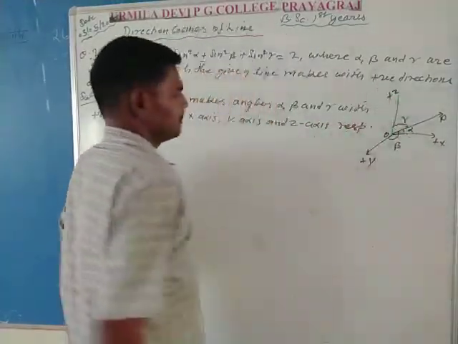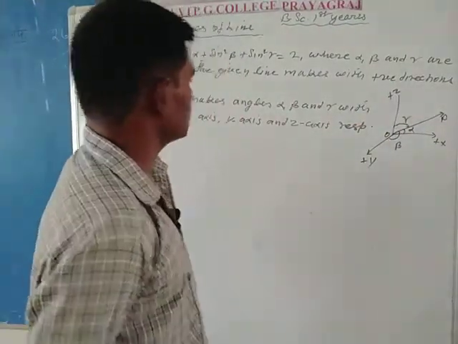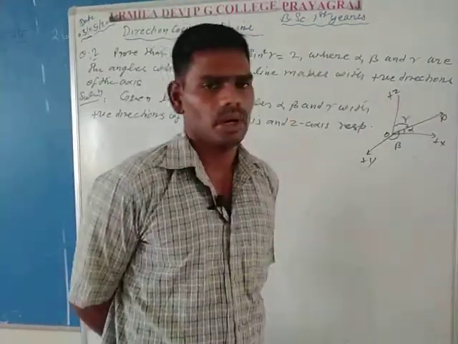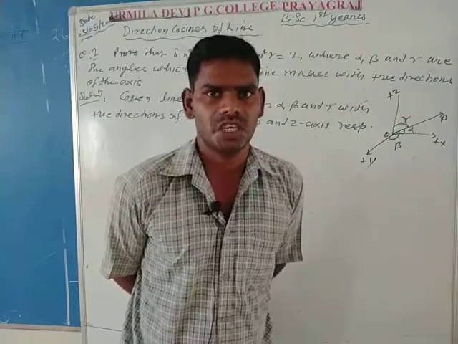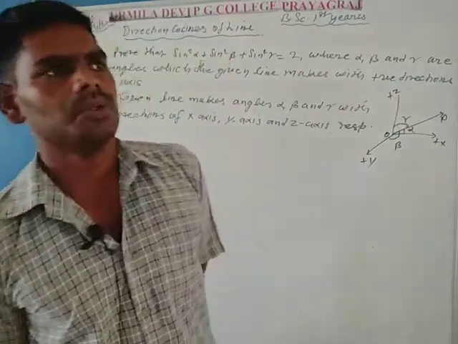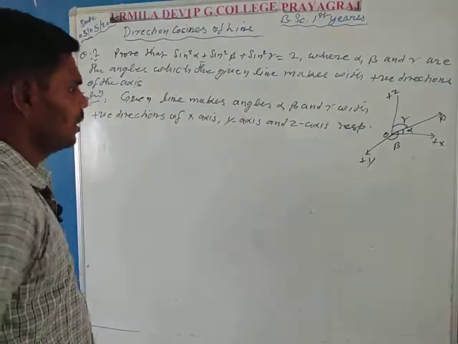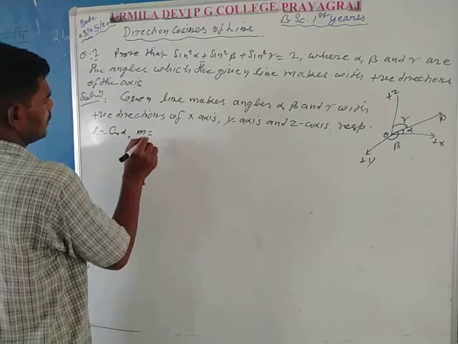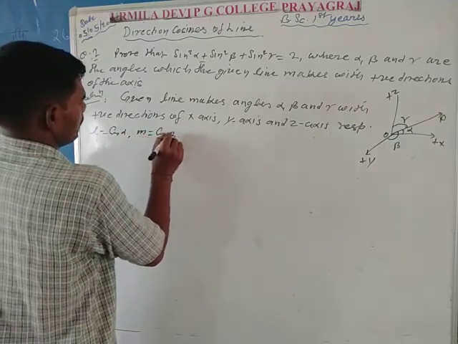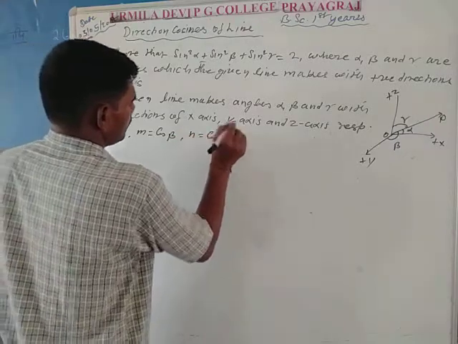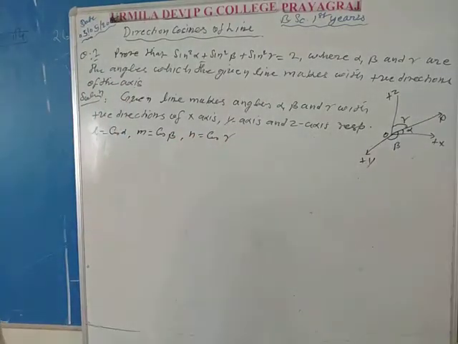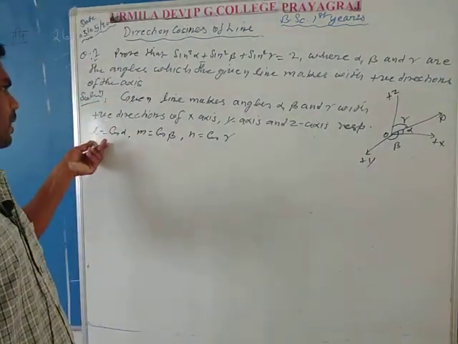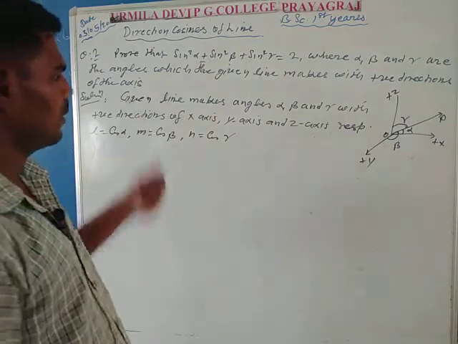Then according to theory, if any straight line OP makes alpha, beta, gamma with the positive x-axis, y-axis, z-axis, these cos values are called direction cosines and denoted by small l is equal to cos alpha, small m is equal to cos beta, and small n is equal to cos gamma. So l, m, n are the direction cosines of the straight line OP.